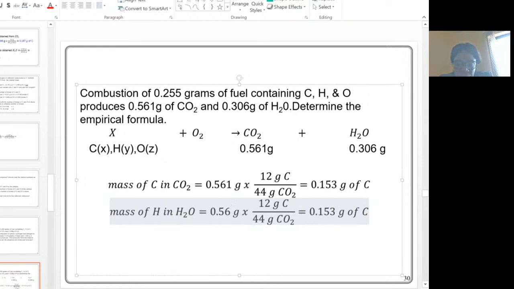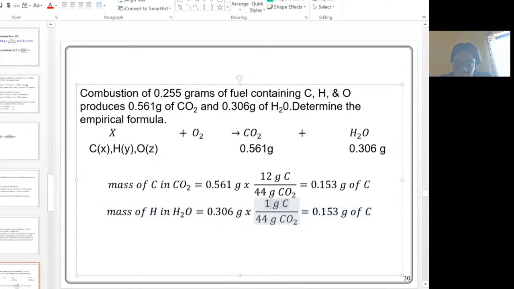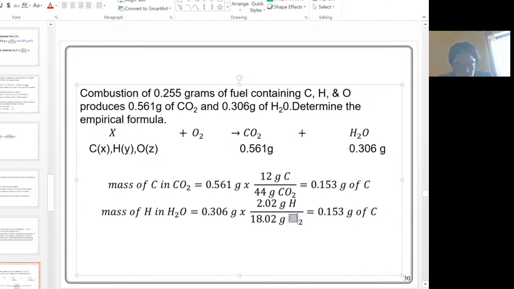We only change the mass here because now we are putting the mass of hydrogen there. So it will be 0.306 grams. Then we change the mass of hydrogen. It is actually 2.02 over the mass of water. The molar mass of water is 18.02 grams. So here it will be carbon, it will be hydrogen, and here water.